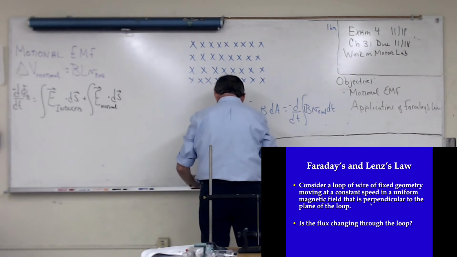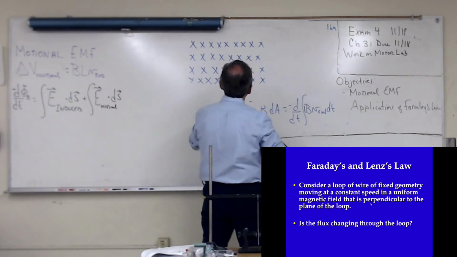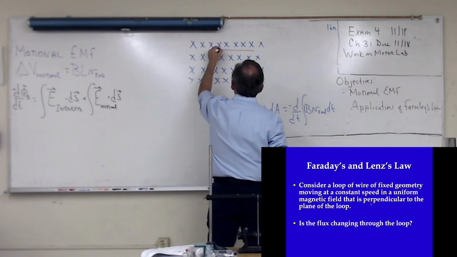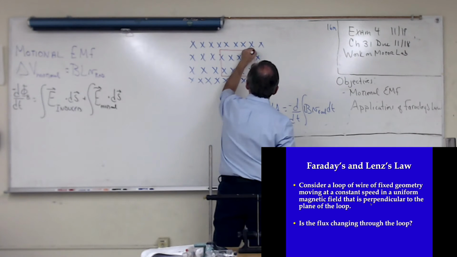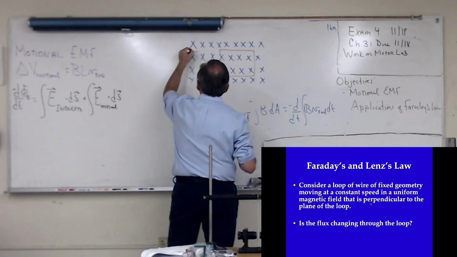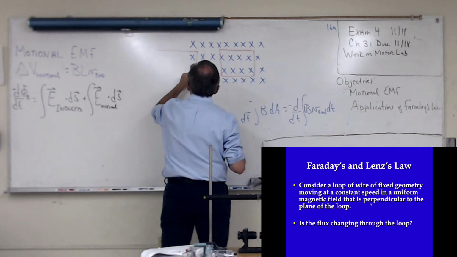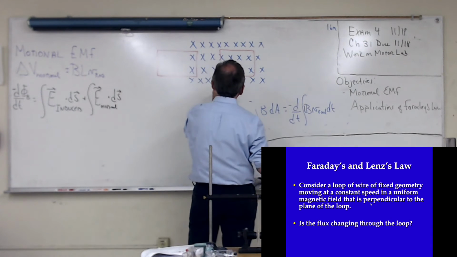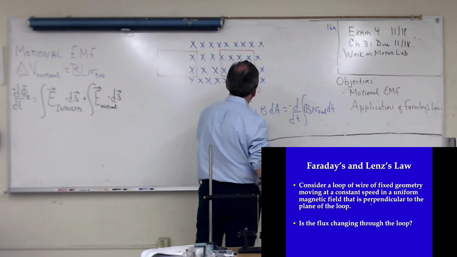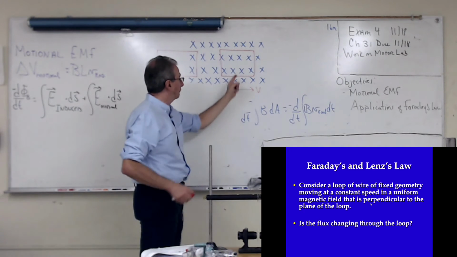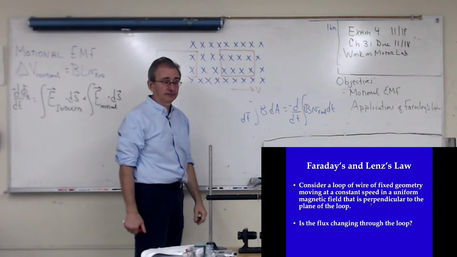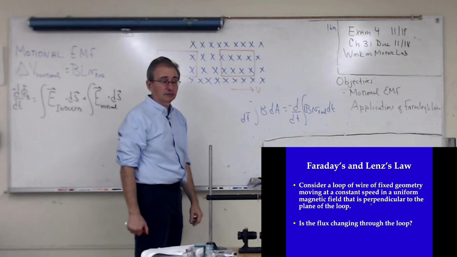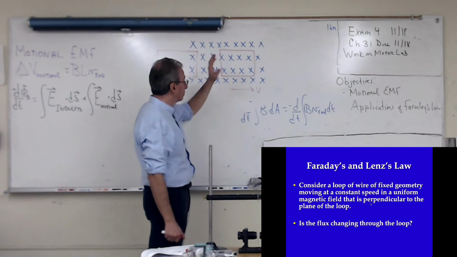So let me draw two loops, this one and this one. Both loops move to the right. Is there a flux changing through this loop? Neither the field nor the area is changing, so no. So there's no flux change through the loops.